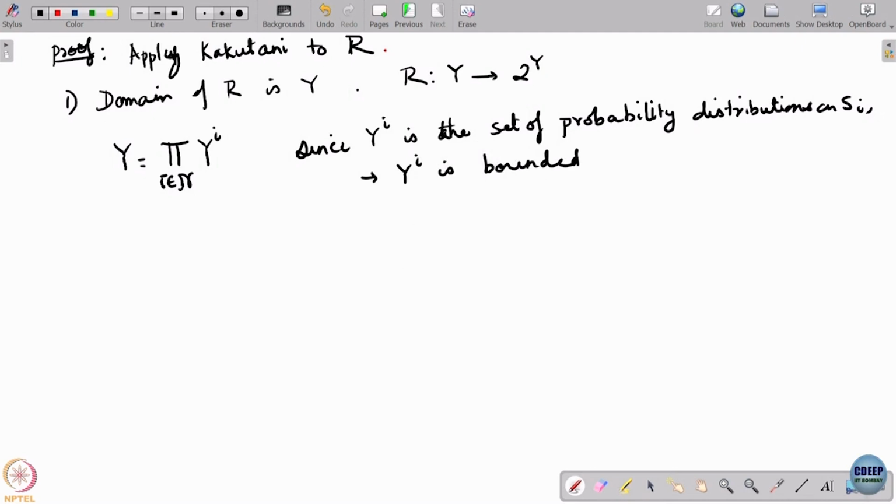It is also closed, because if you take a sequence of probability distributions and it converges, the limit will also be a probability distribution.